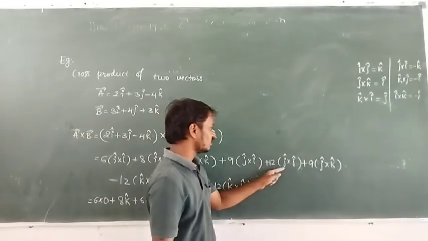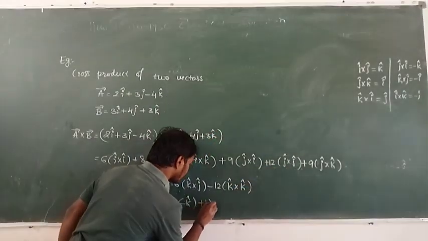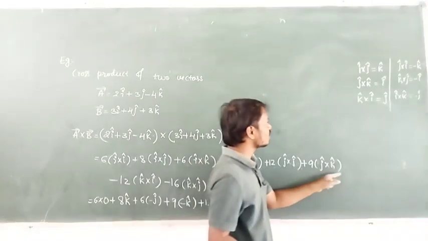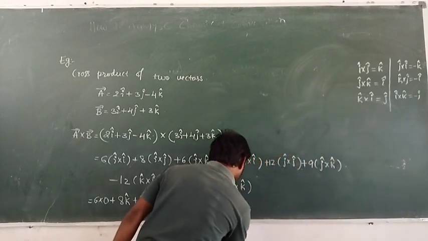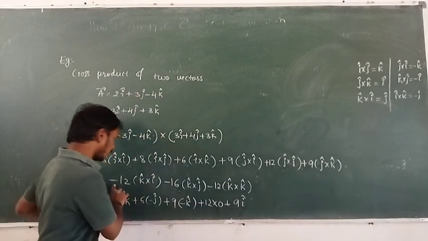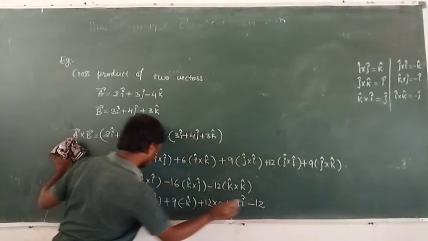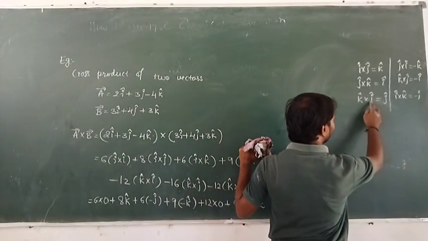Next, j cross j is 0, so 12 into 0. Then next, plus j cross k is plus i, so that can be written as 9 into i cap. Next, minus 12 into k cross i. k cross i is plus j.